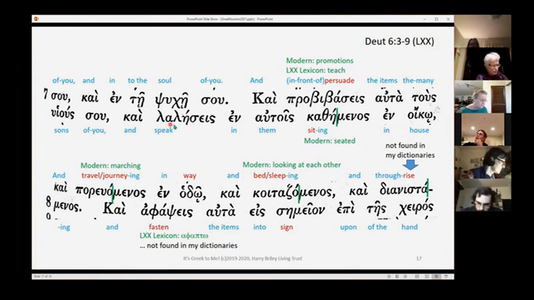And in the LXX, this is the same reduplicative word. So la is a duplicate of this. And so it's the word of speaking, and speak in them. And you'll probably need to put the word while in here. While you're sitting, but it just says, so persuade your sons and speak in them. You can put the word while.